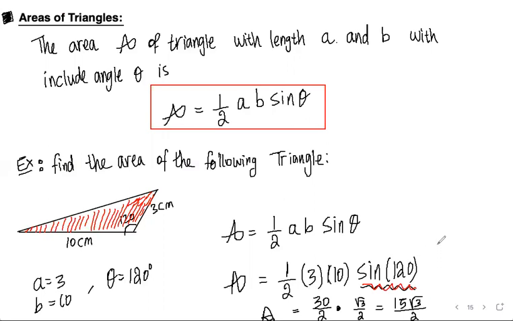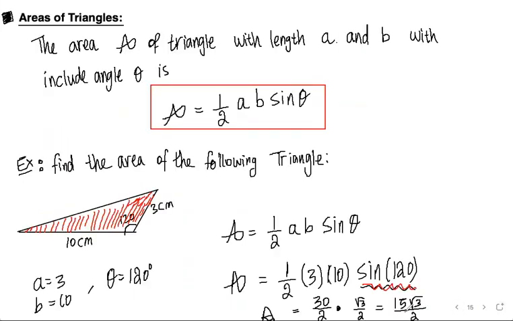Any question for this? Okay, so the section is finished. Wait, how did you get 15? Sorry, because 30 over 2 is 15.